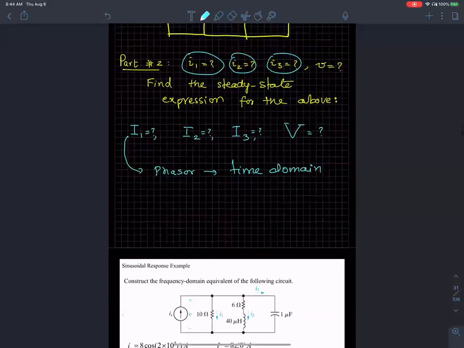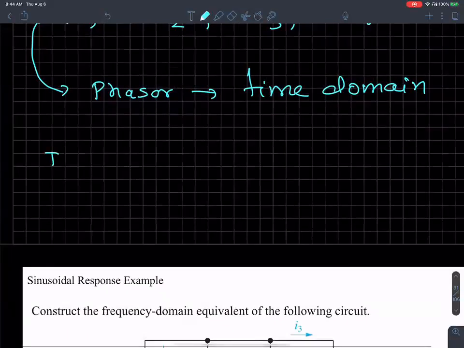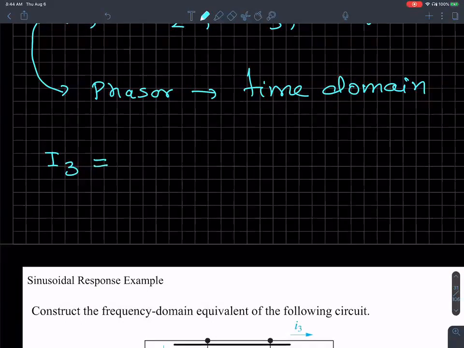I'll give you an example. Let's say I3, just picking a random number here, came out to be 5 angle 25.